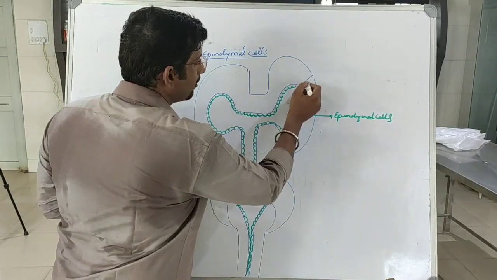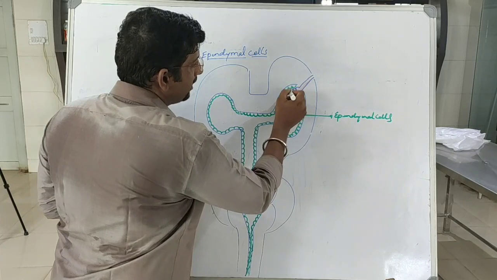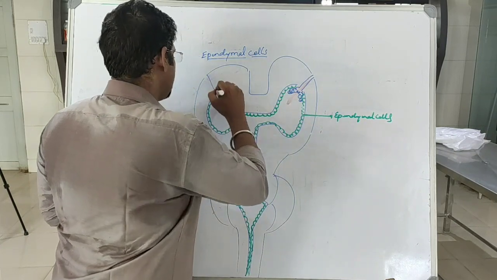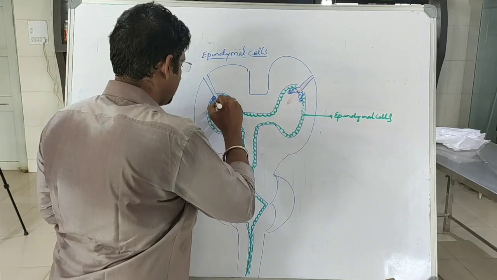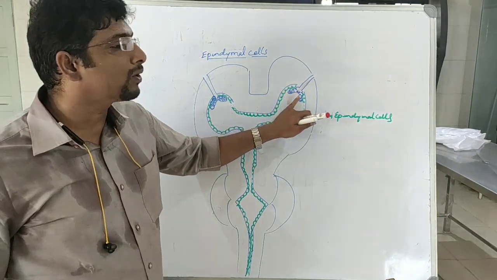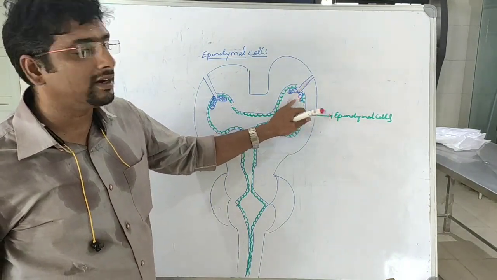We have the pia mater extension inside, and these are the choroid plexus of the lateral ventricles.